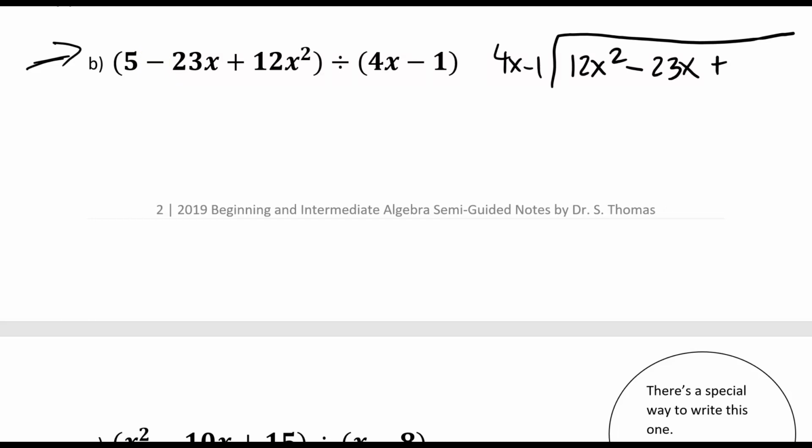And we have plus 5. So 4x times what is 12x squared? So if you said 3x, you are right, absolutely right. So 4x minus 1 times 3x. If you multiply 3x times 4x minus 1, you get 12x squared minus 3x.